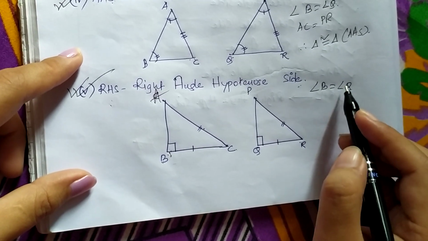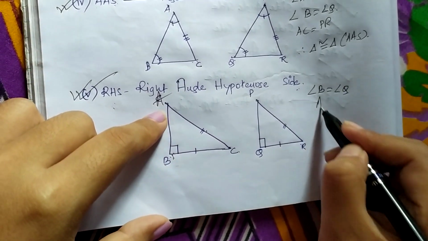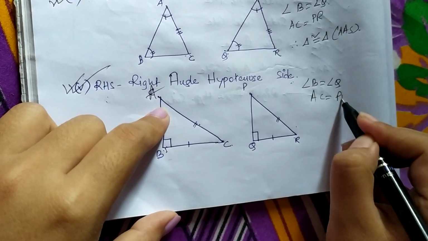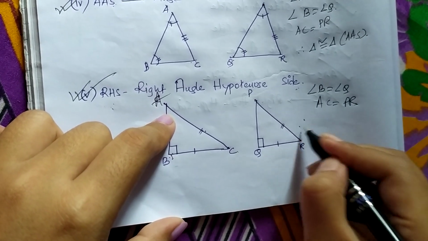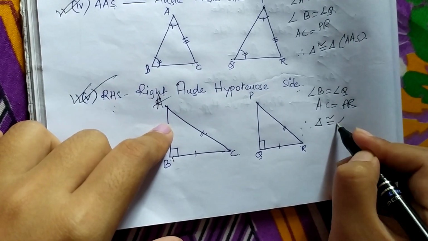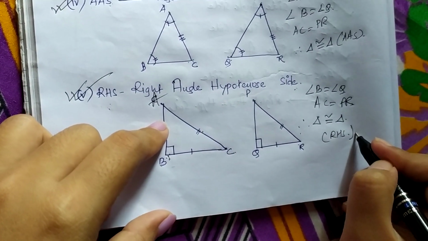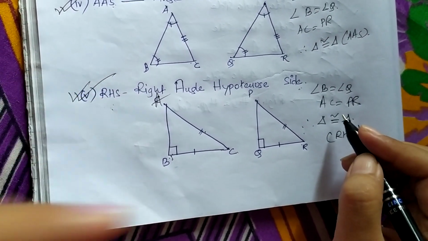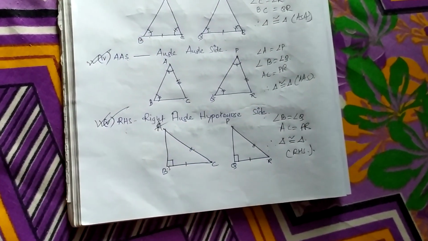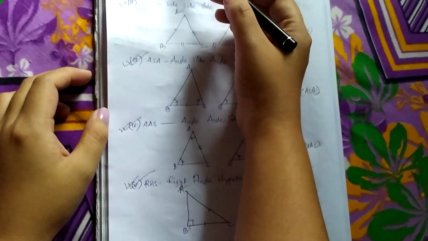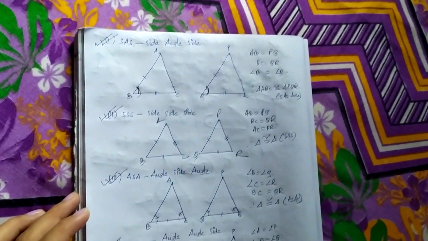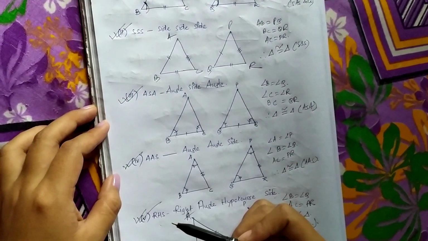Once this criterion is satisfied, also the hypotenuse AC will be equal to hypotenuse PR, given in the question itself. So we can say that the two respective triangles are congruent, by what rule? By the RHS rule. Okay students, so these are the five respective rules of the criteria for proving congruency.